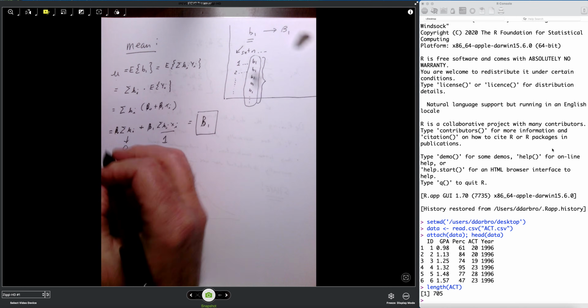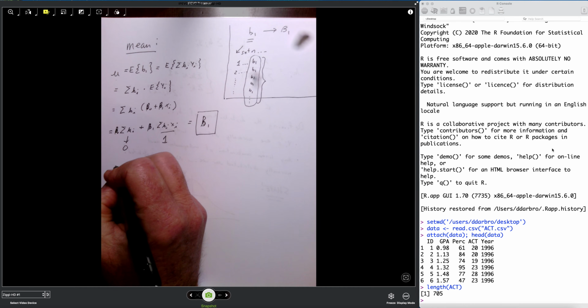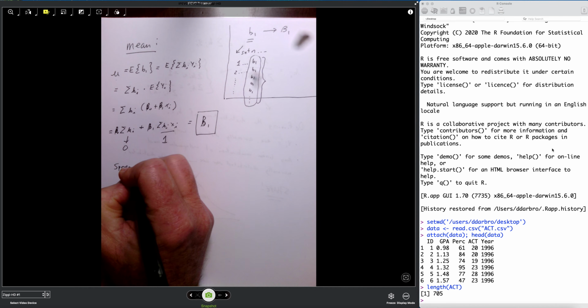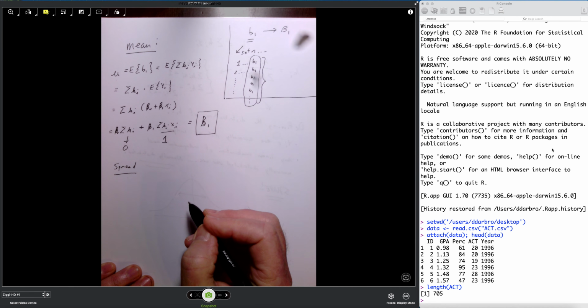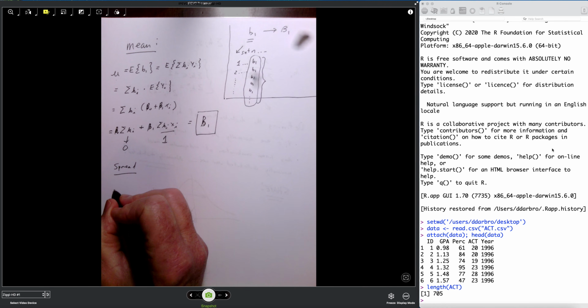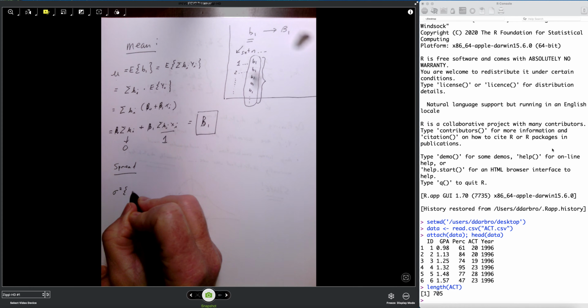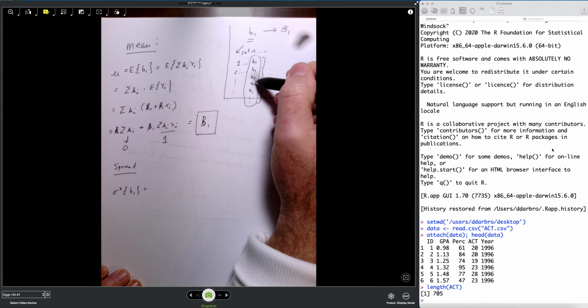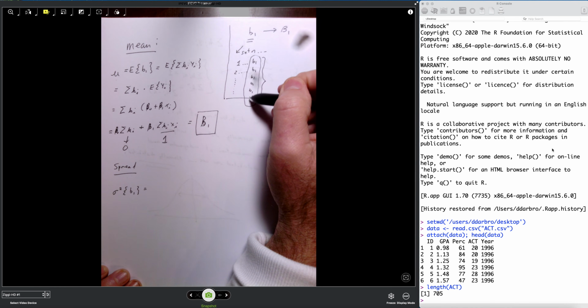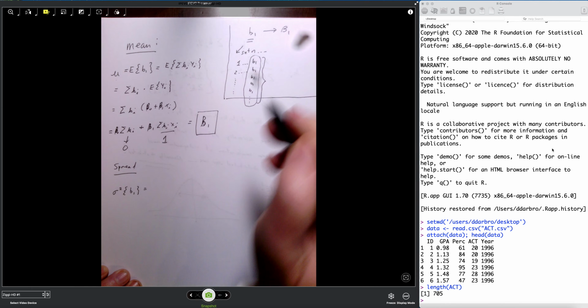Now, what's the variance look like? What's the spread look like? What's the variation look like? Well, we want to focus on the standard deviation. So the variance of beta 1's, all these beta 1's over here we talked about, if we could put all these in our calculator, calculate the standard deviation and square it, what would that value look like?